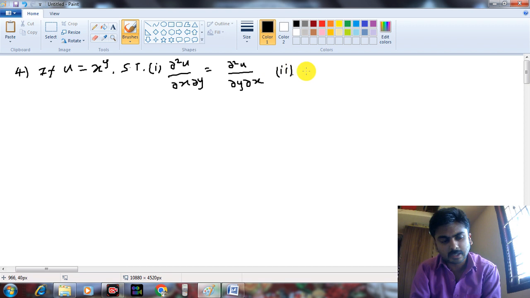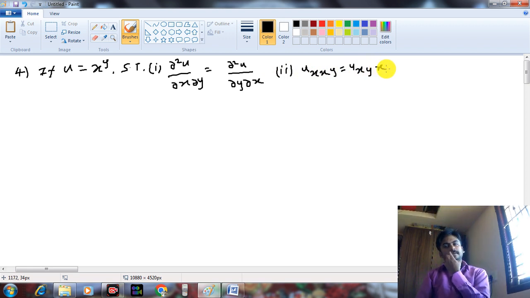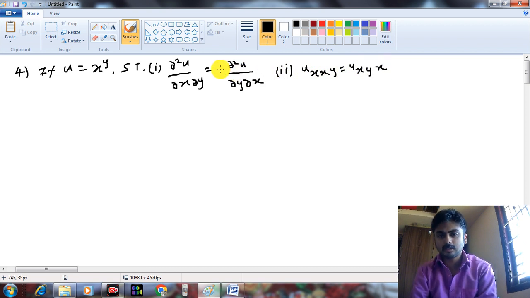Second result is x ∂u/∂x + y ∂u/∂y equal to u. These are the two results that we want to prove in this problem.